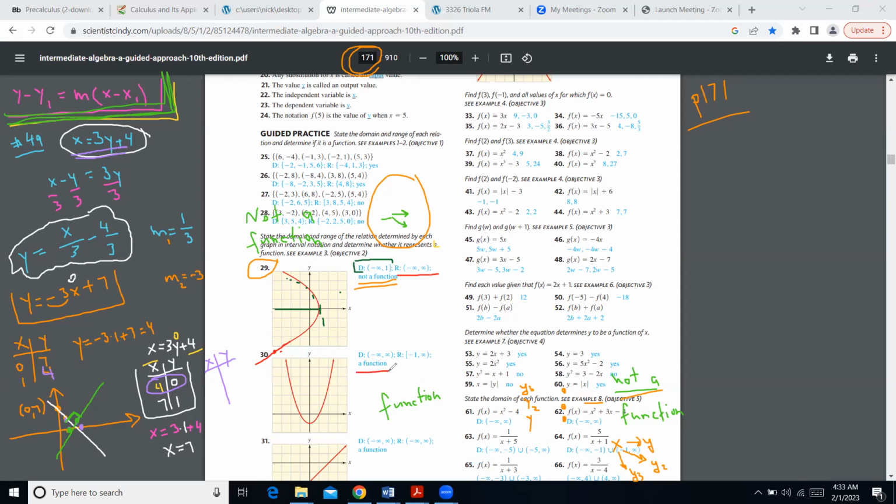Similarly, I can do the next problem. I can see that there is a function in exercise 30, because no matter what vertical line I try to think of, it will intersect my graph only once. So this will be a function. This function also has a domain and a range, and there's an answer here.